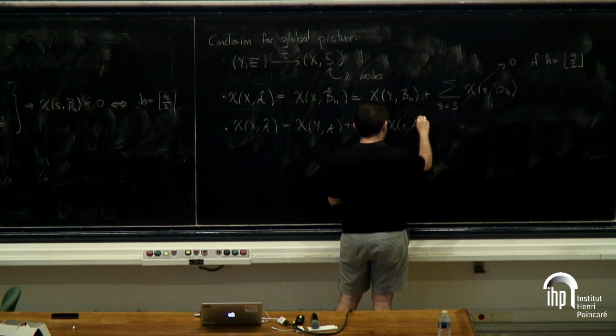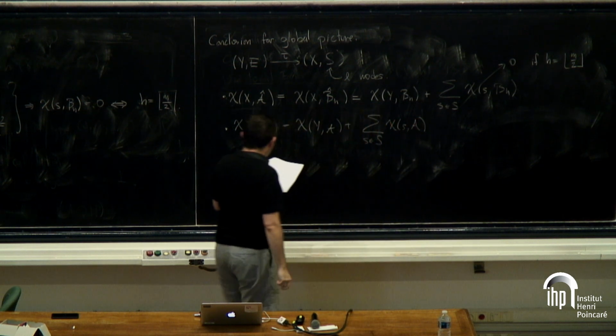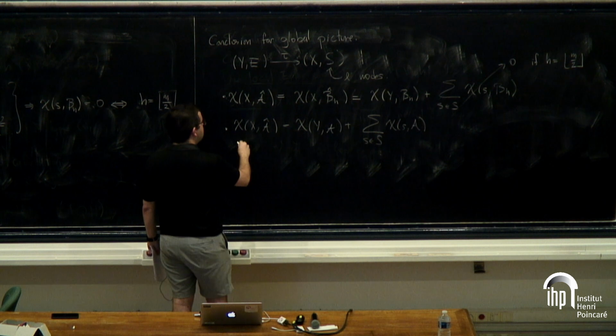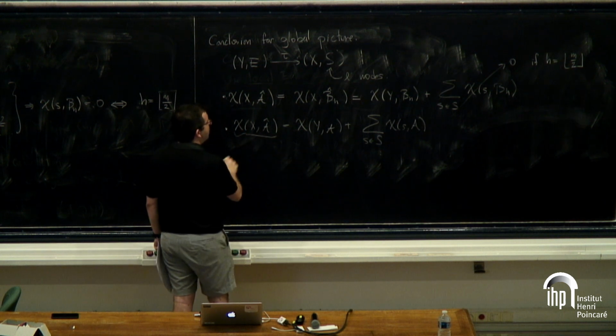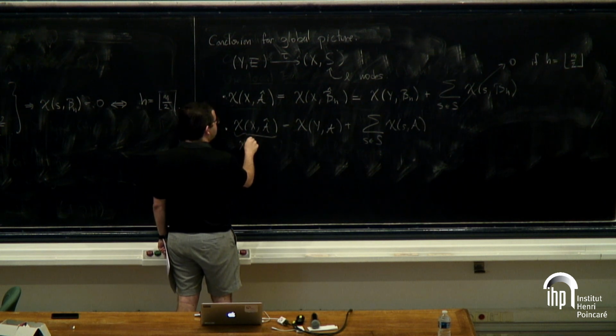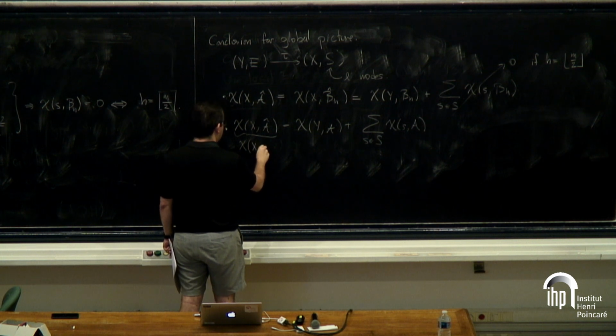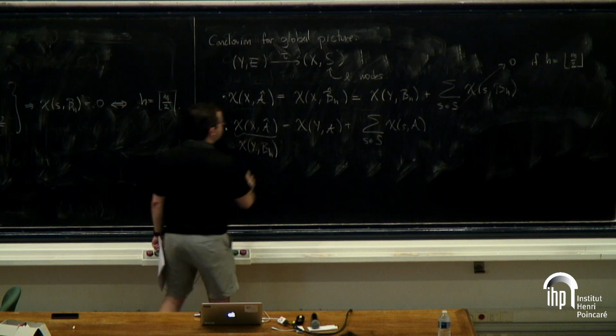And so we have now determined this is chi of X BH, or in fact I can do it as Y BH, I don't need the hat.